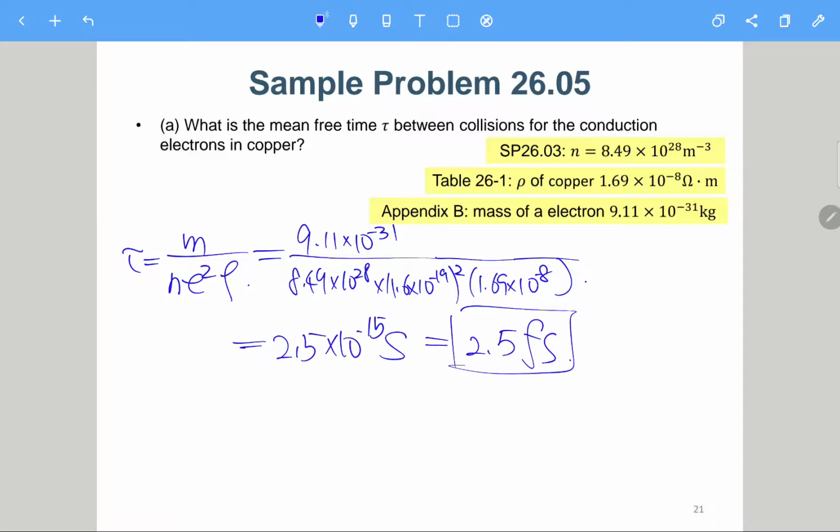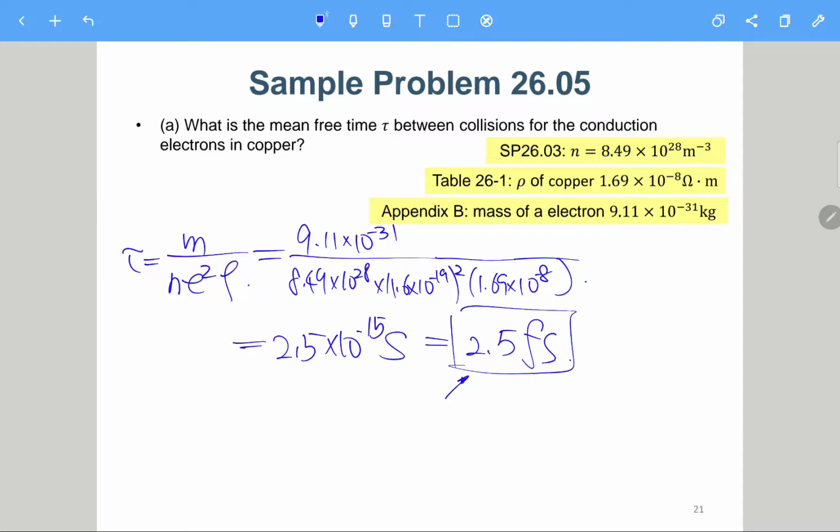Yeah, so it is such a short time that the electron will collide with the nucleus. So you can imagine why the drift velocity of the electron is very slow, as we calculated before.